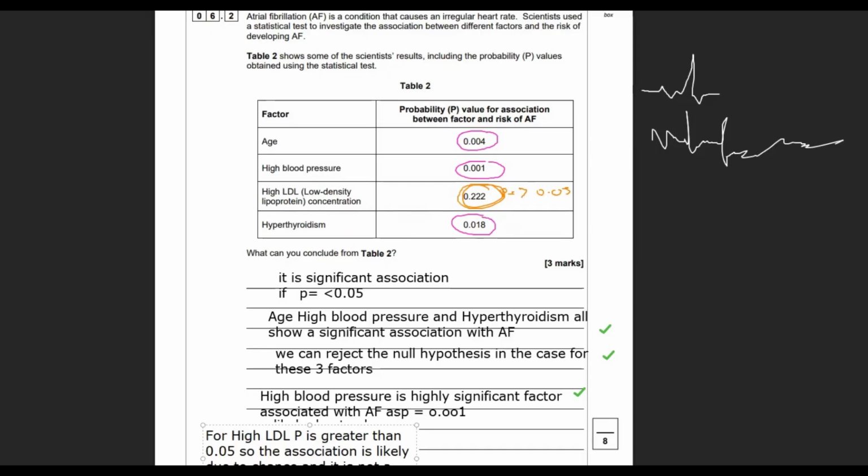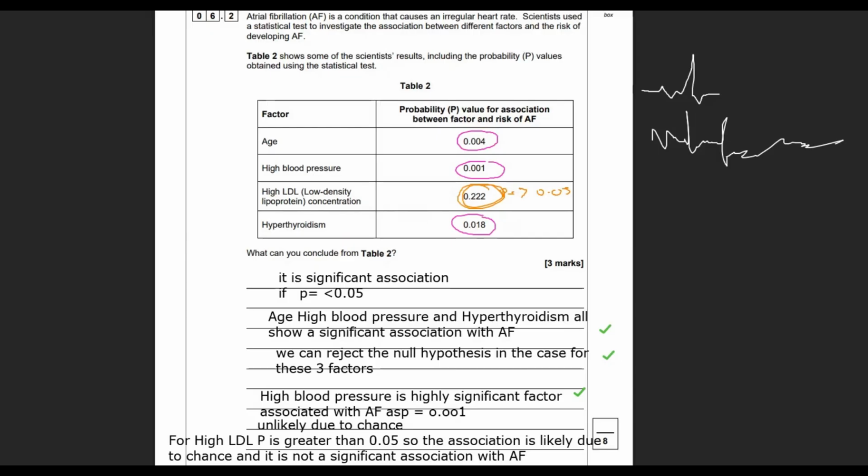And we would say that this is not a significant association between high LDL and atrial fibrillation. And that's going to get us all the marks. So just work out how to do these p-value questions and you will be sorted. Okay, now I might want to say for high LDL, we would accept the null hypothesis and say there is no association between high LDL and AF.